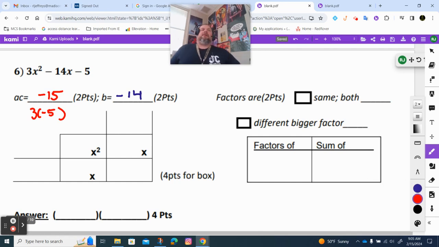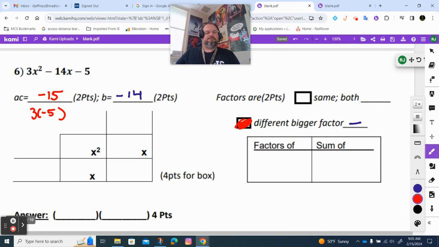Even though for 6 and 7 we have to multiply the A and C, these sign rules still apply. Because this is negative, our signs are going to be different. Because this is negative, the bigger factor is going to be negative.